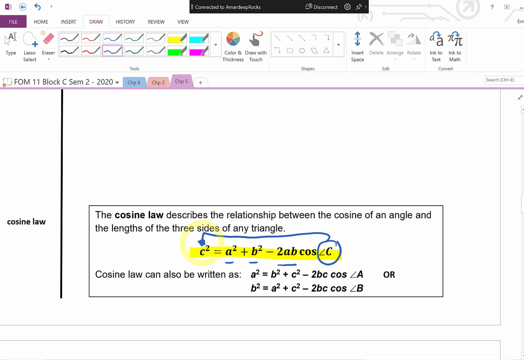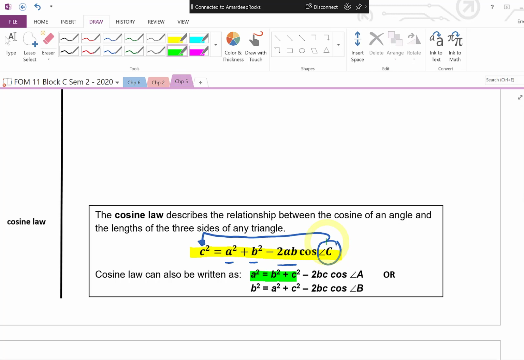All right, and if you take a look, all of them have the exact same pattern. a squared is equal to b squared plus c squared minus 2bc cosine angle A. b squared is equal to a squared plus c squared minus 2ac cosine B. They all follow the exact same pattern. Okay, so let's see if this is going to be kind of useful.